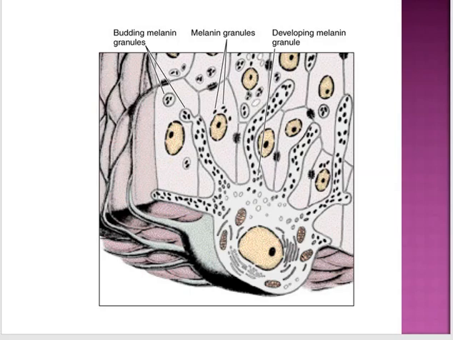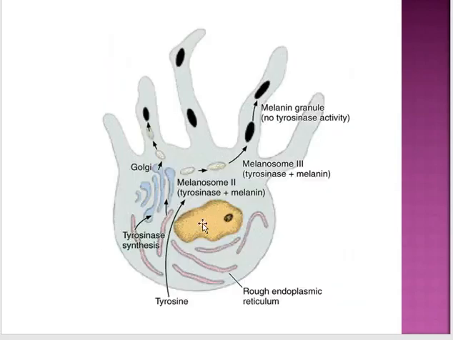If we look deeper at the mechanism of what is taking place inside the melanocyte, we will see here that melanosomes migrate into the tips of the melanocyte processes, accumulating more and more melanin along the way. This process is stimulated by UV radiation.